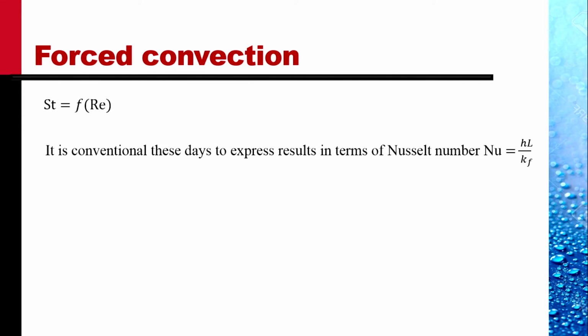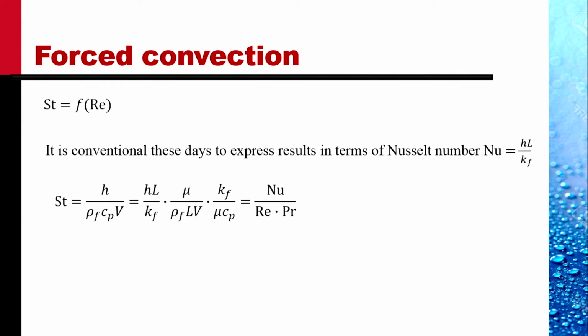It is conventional these days to express results in terms of Nusselt's number. Nu is equal to HL by Kf, the conductivity of the fluid. It can be shown the Stanton number, which is H divided by rho F Cp V, can be written as HL by Kf into mu by rho F LV times Kf by mu Cp.